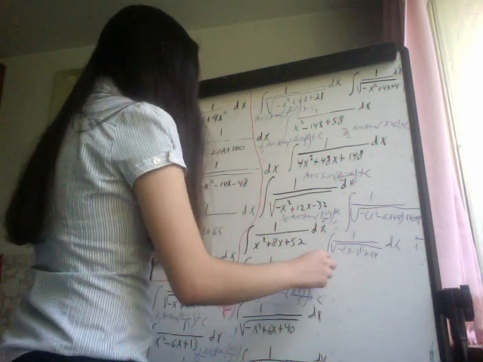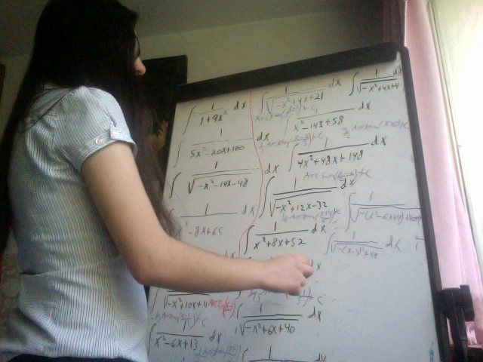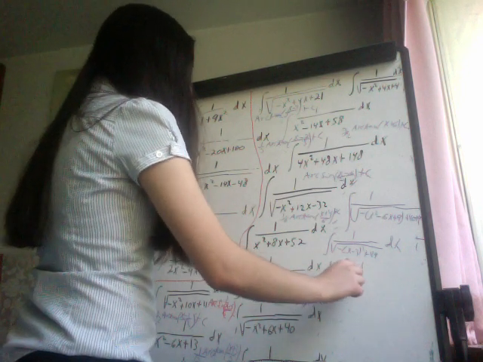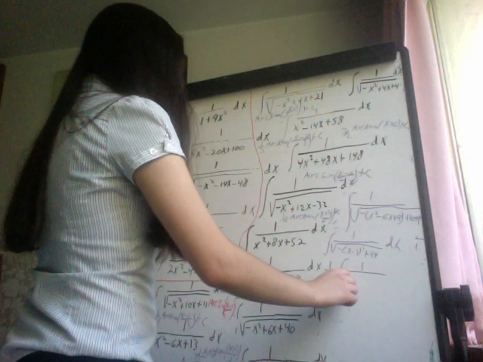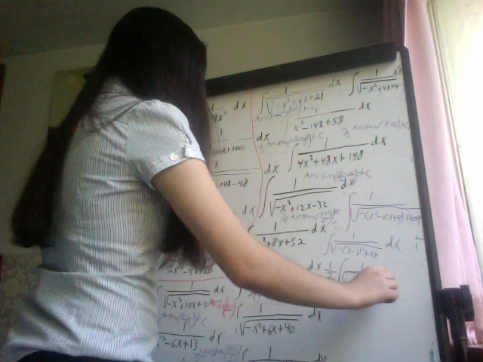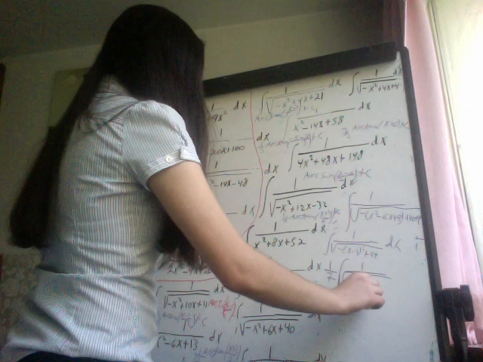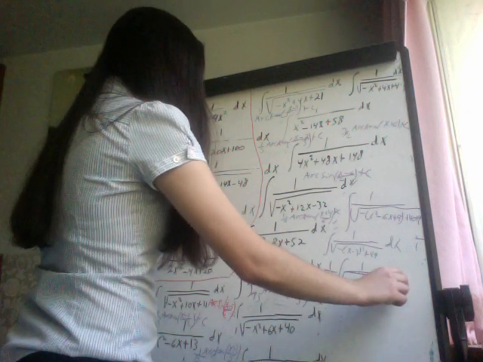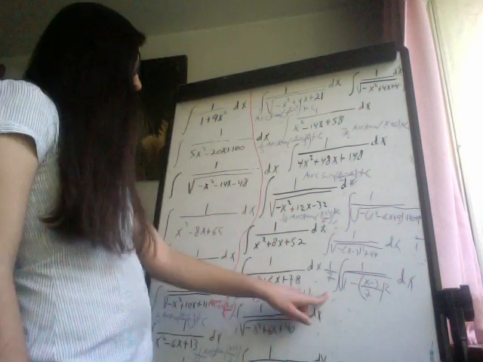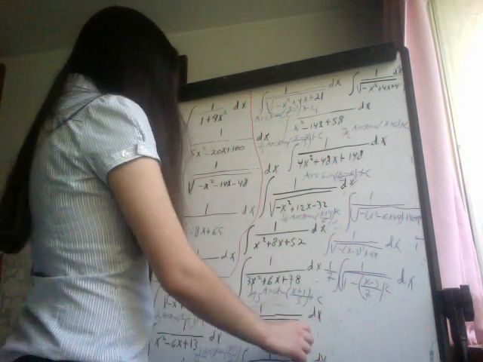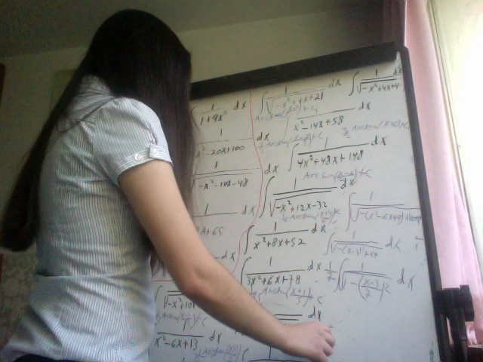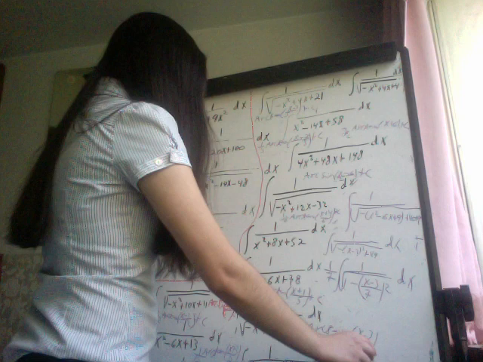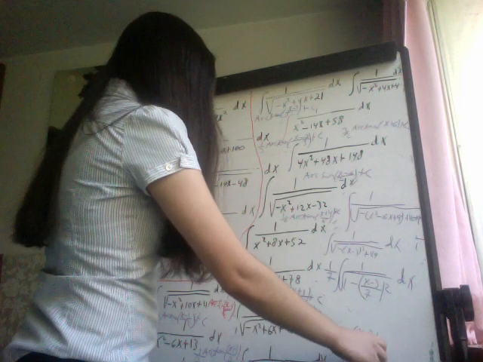So divide everything by square root of 49, so 1 over 7 times the integral of 1 over square root of 1 minus ((x minus 3) divided by 7) all this squared dx. So this is just arcsine of (x minus 3) divided by 7 plus c.